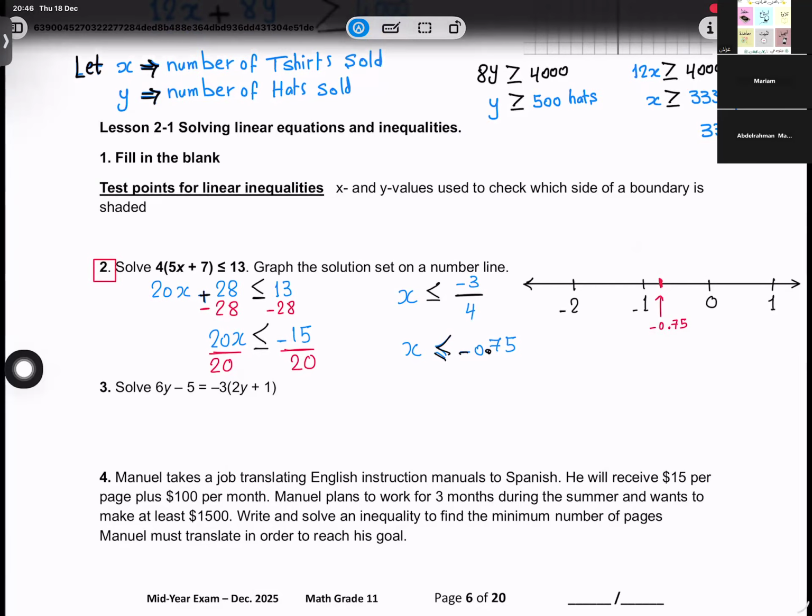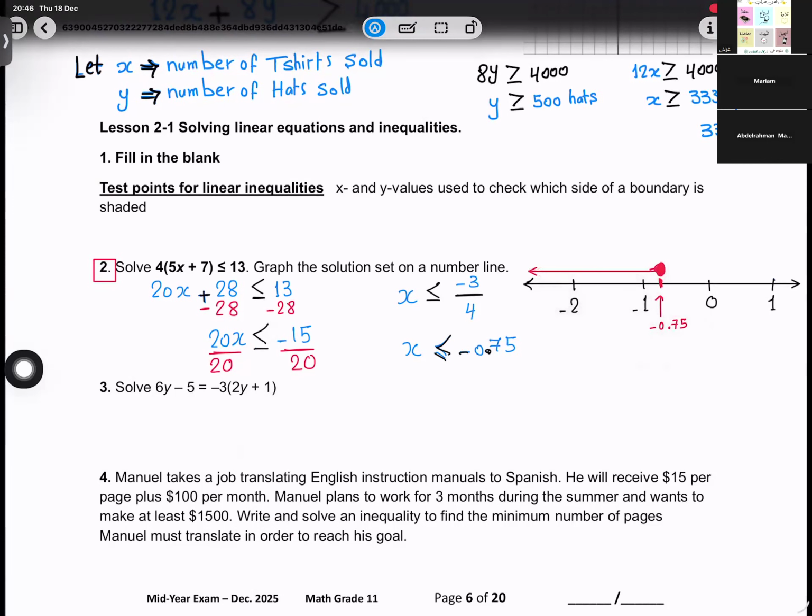Do you do the same thing for number 3? For number 3, also the same, but we didn't continue it. Number 2, we'll do a closed circle because it is an equal sign. Then do we go right or left? Left.